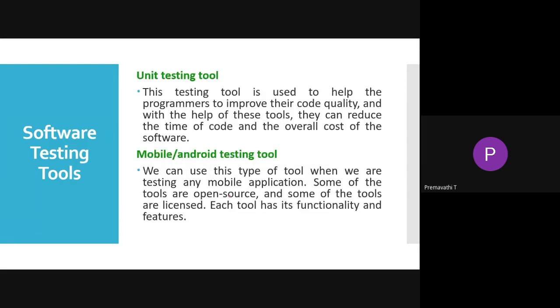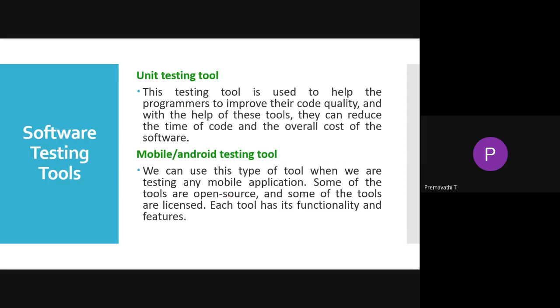Another one is unit testing. This is used to help the programmer improve their code quality, and with the help of these tools, they can reduce the coding time and the overall cost of the software. This tool is only used in unit testing.